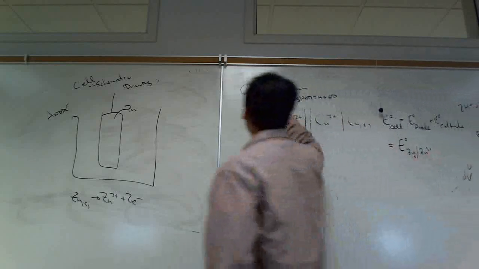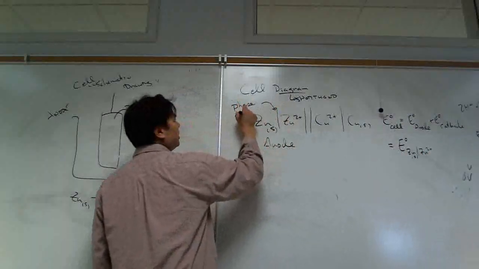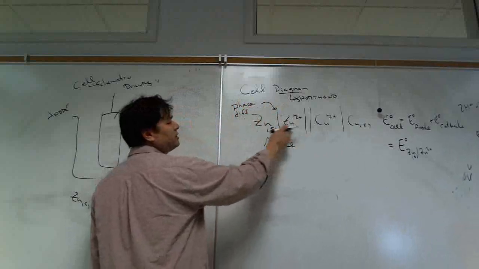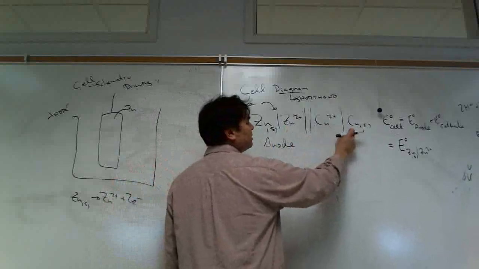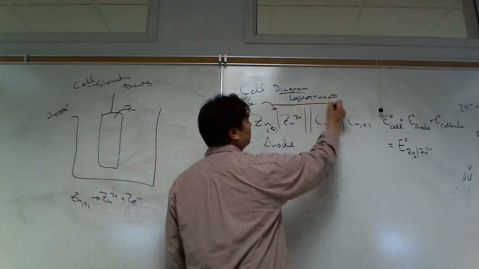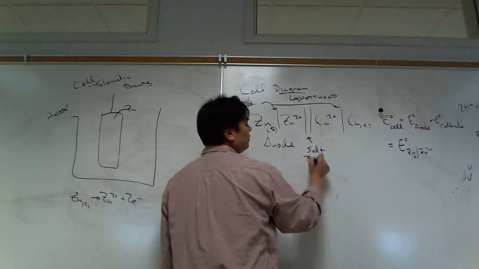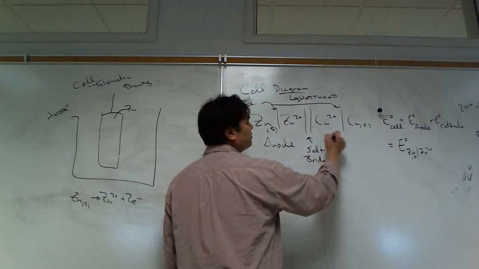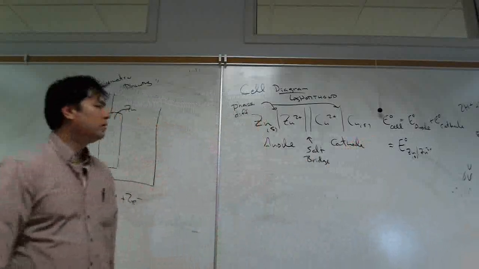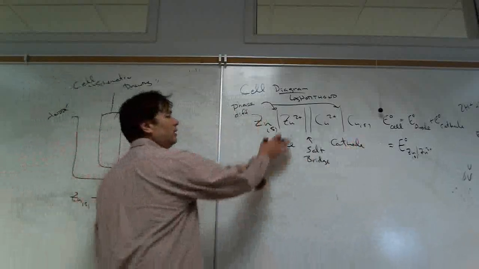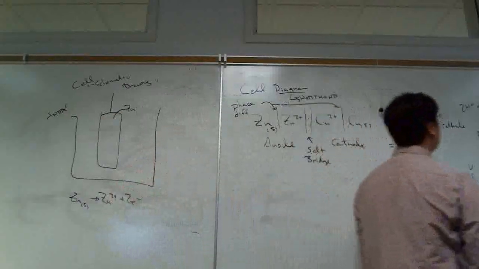This vertical line represents a phase difference, or phase change kind of thing. So we have a solid phase and aqueous phase. Here we have aqueous phase and solid phase. The double line represents a salt bridge. And so this is the first cell we built here, with the anode on the left, the cathode on the right. The anode reaction, zinc goes to Zn2+, the cathode reaction, copper 2+ goes to copper metal.